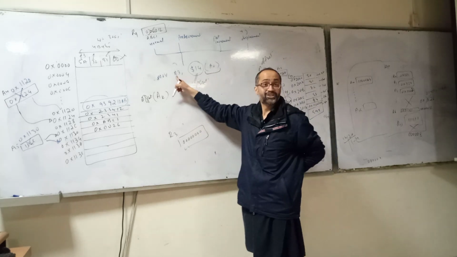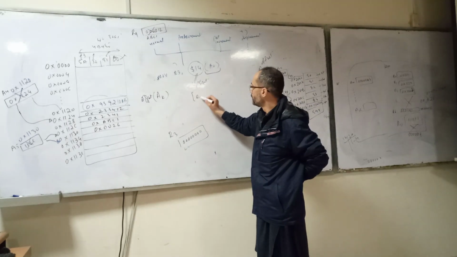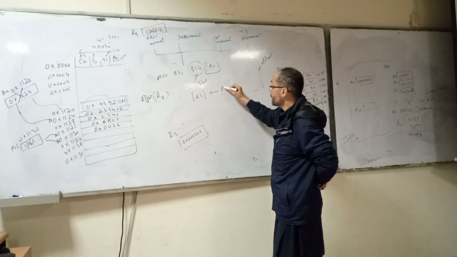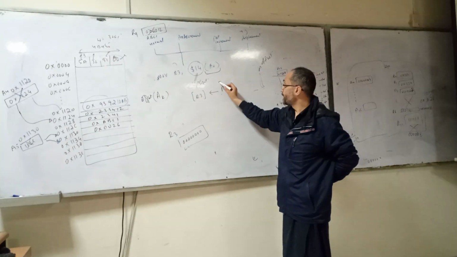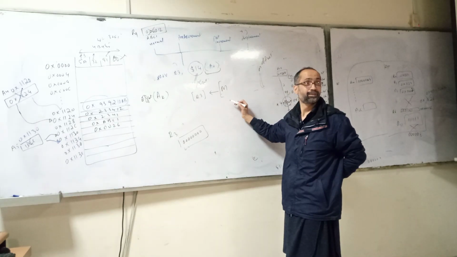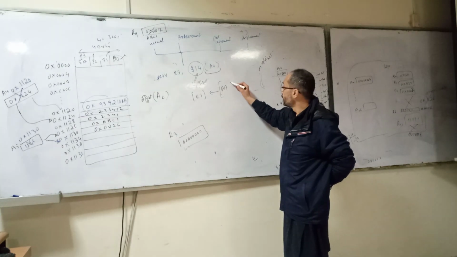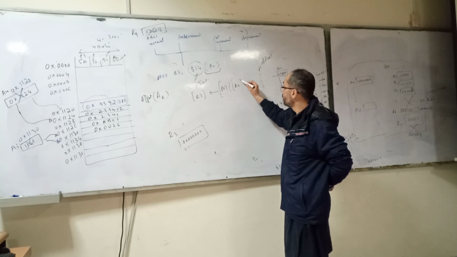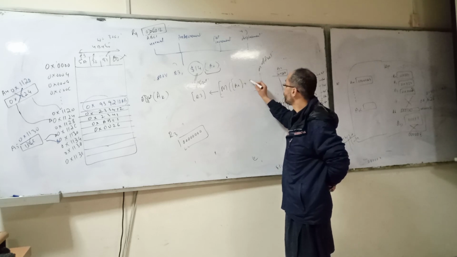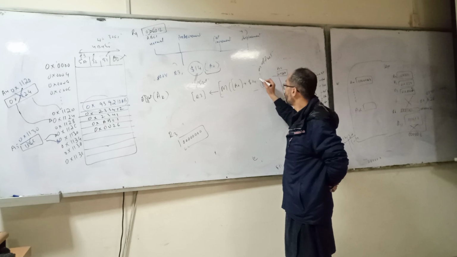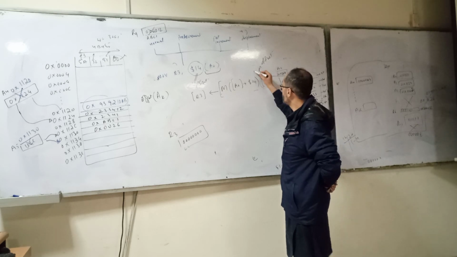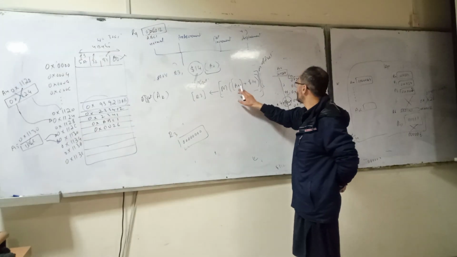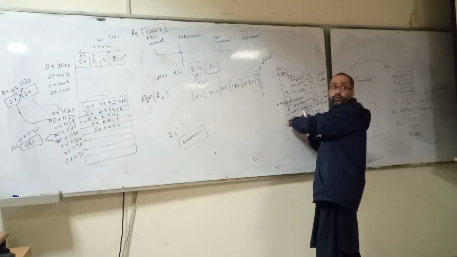So what is the destination? Register R3. The contents of R3 will be updated with the contents of the memory at A0 plus 0x14. What is the effective address? The effective address is 0x2014.